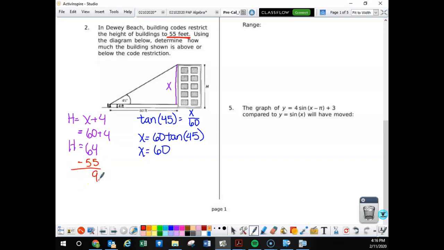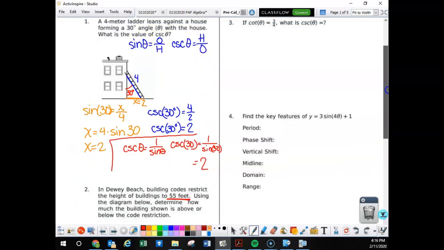So the building is 9 feet above restriction.